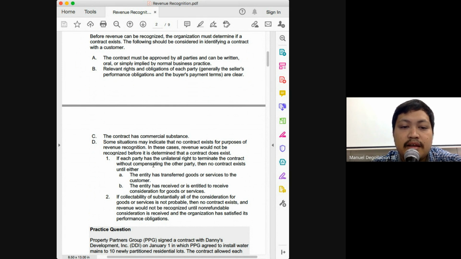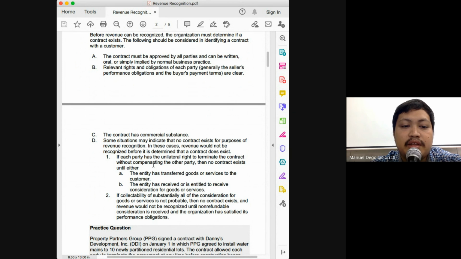But again, very important, class, if both parties have the right to terminate the contract without compensating the other party, meaning you can back out from the contract without having to pay a penalty, then you cannot say that there is already a contract. Okay, and number two there, if collectability of substantially all of the consideration for goods or services is not probable, then also no contract exists.